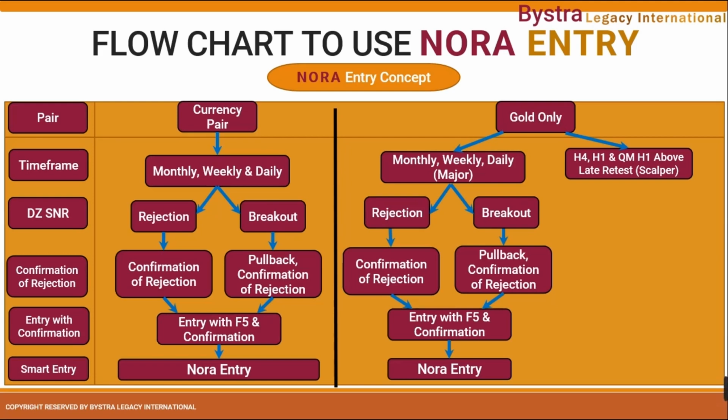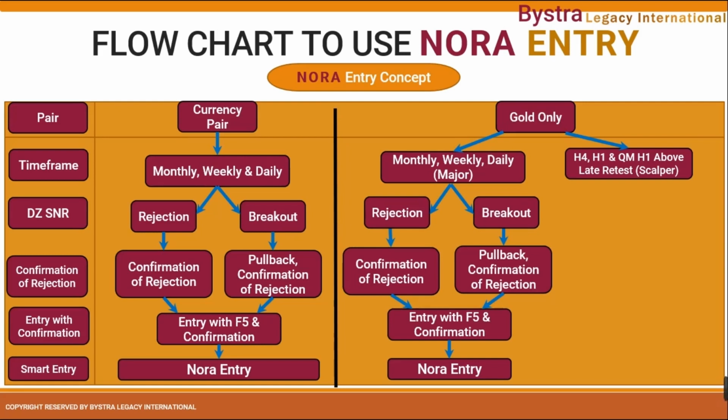Alright. So we can use the H4 time frame, H1 time frame, or the QM lead retest for H1 or H4. Normally this is mainly for scalpers. We use this as a monitoring zone as well. Guys, remember, monitoring zone, not as an entry.